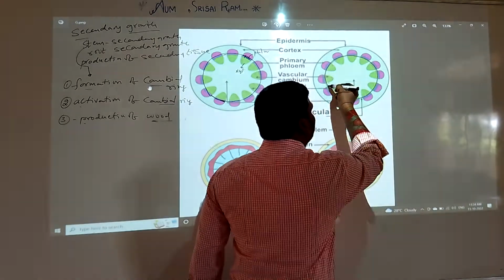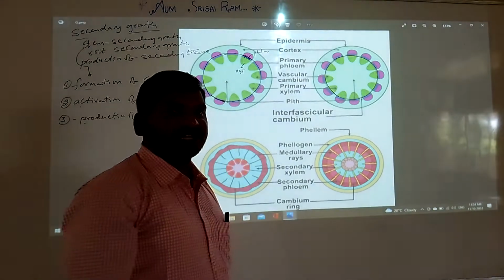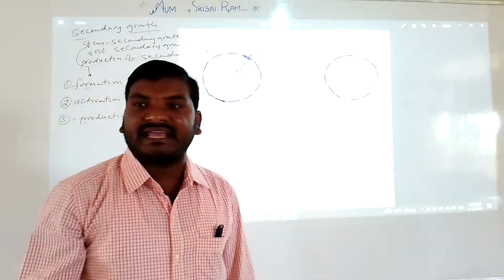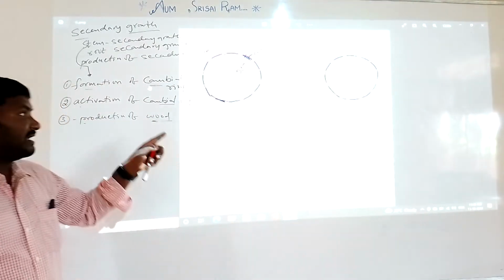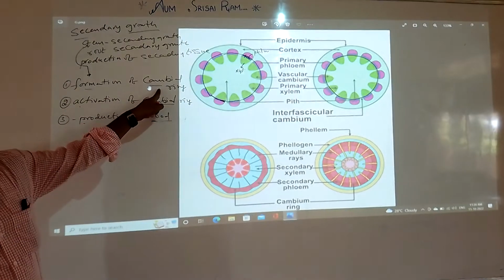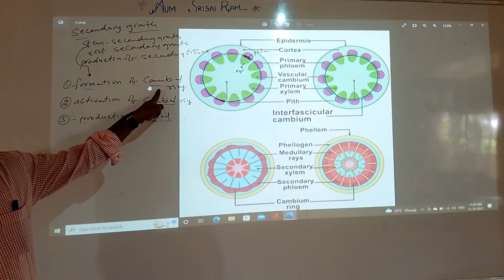What is that ring called? The ring formed by the cambium is called the cambial ring.